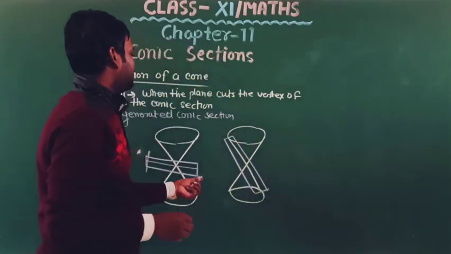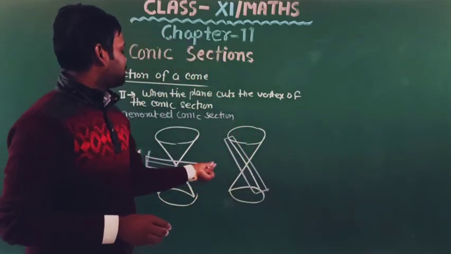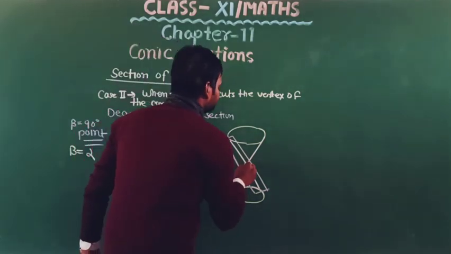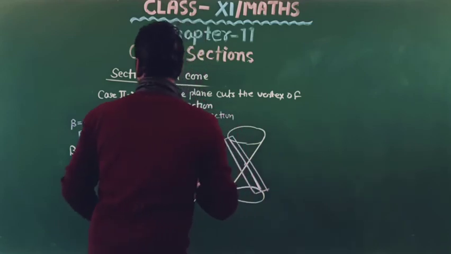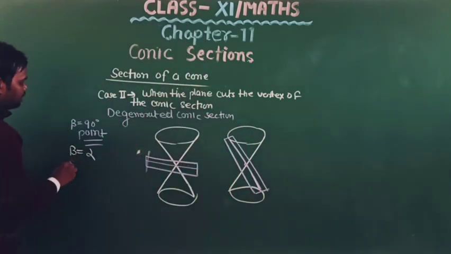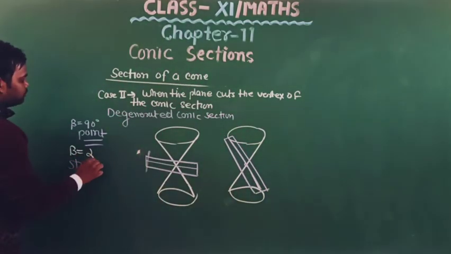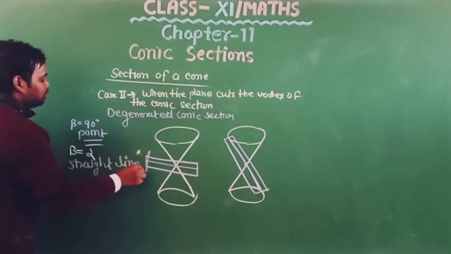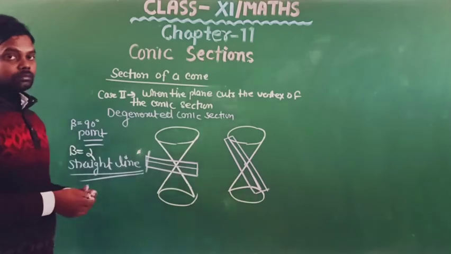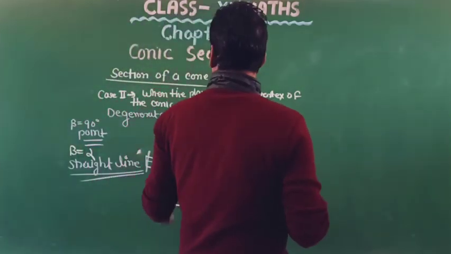But in this case, when the plane cuts the vertex, only a straight line will be obtained.